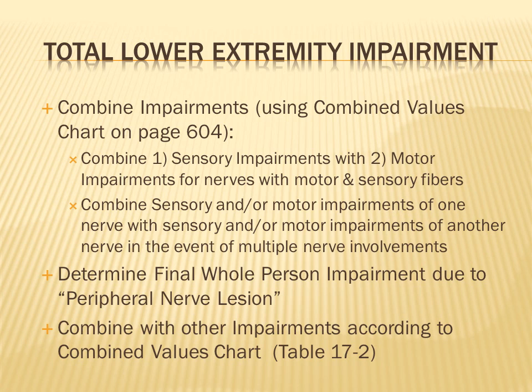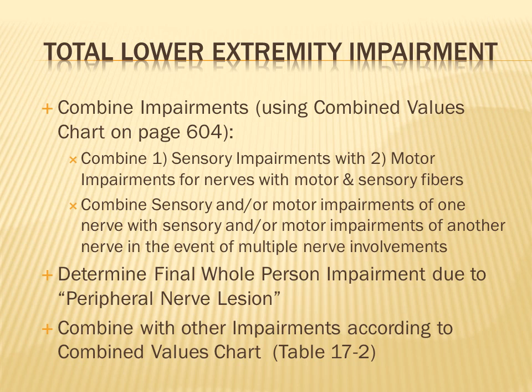Or in the event of multiple nerve involvements, we combine the sensory and or motor impairments of one nerve with the sensory and or motor impairments of another nerve to come up with a final whole person impairment due to peripheral nerve lesion. So that gives us the final whole person impairment due to the combined effects of sensory and or motor loss of one or multiple peripheral nerve lesions.